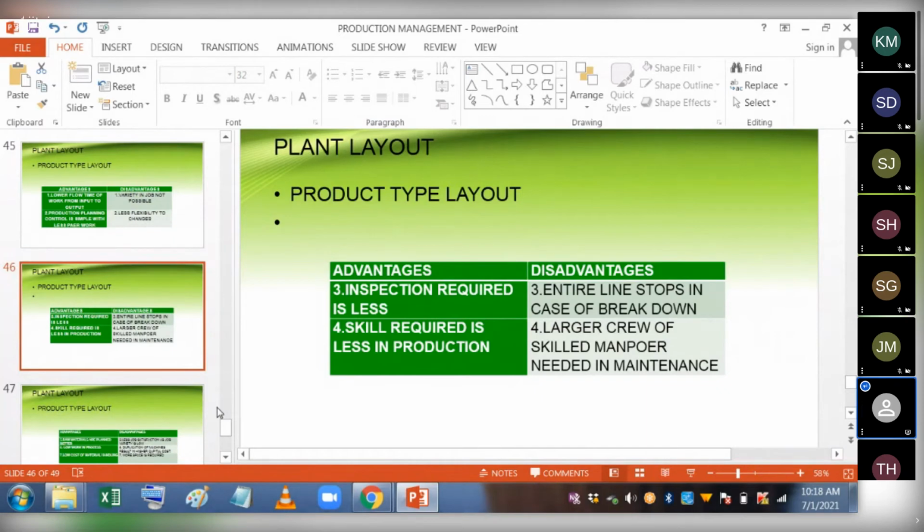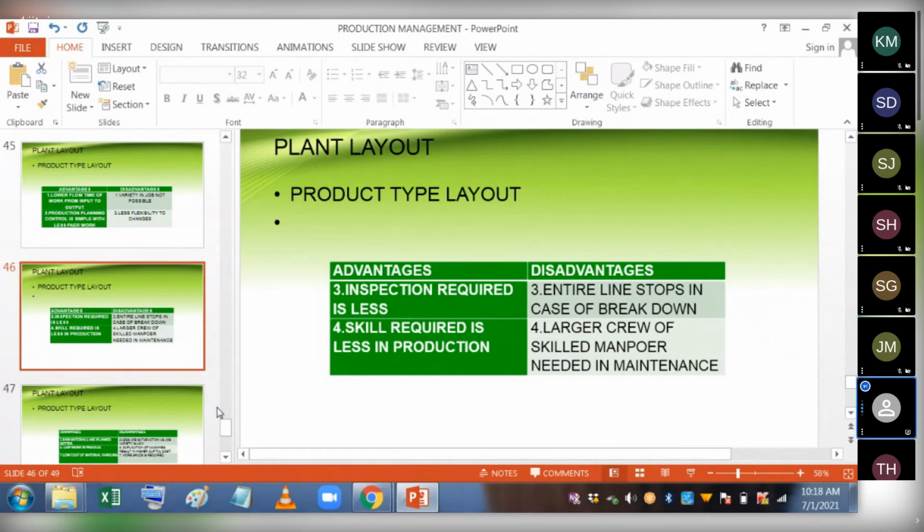Number 4, skill required is less in production. Now see, on a conveyor line, an assembly conveyor, the cars are being assembled. The car is a very sophisticated item. But someone who is putting the engine, he is putting the engine day in and day out.